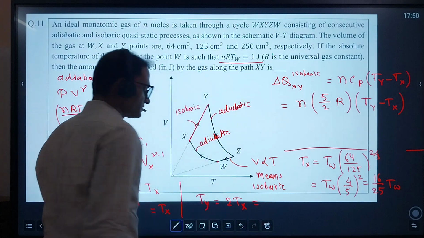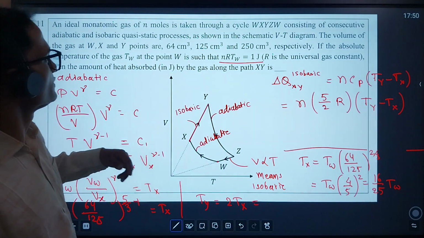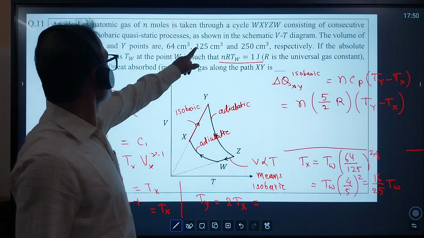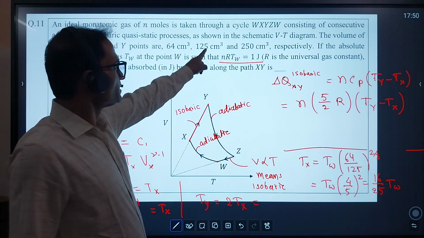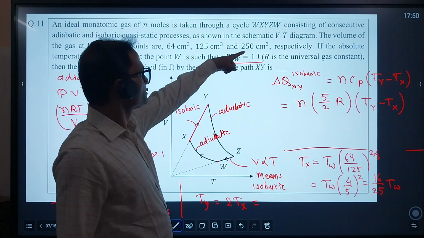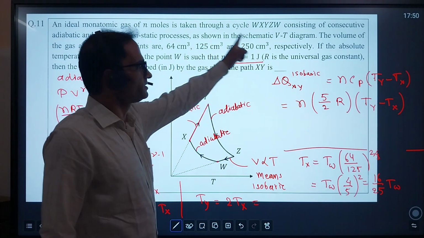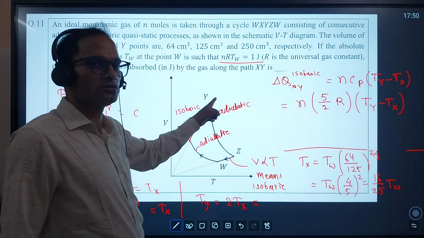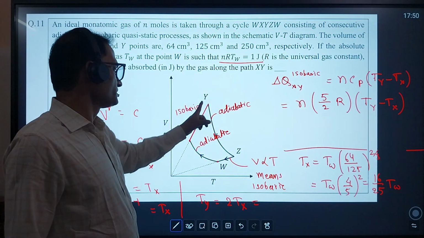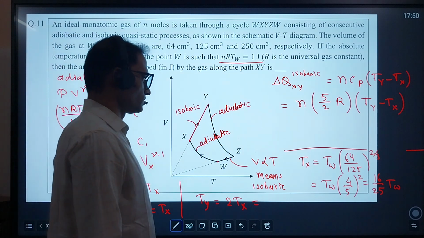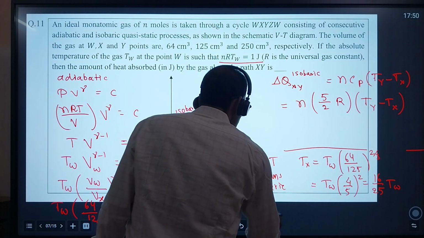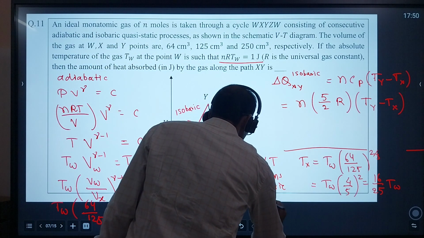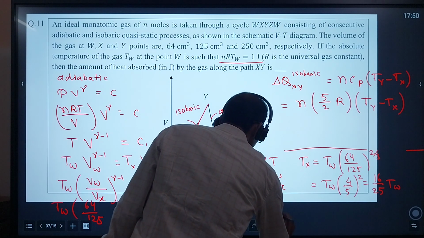Why am I writing this? Let us see the data. Volume at X is 125 and volume at Y is 250, so the volume is just doubled. If the volume is doubled, the temperature is also doubled. So Ty is double of Tx, which is 32 by 25 Tw.